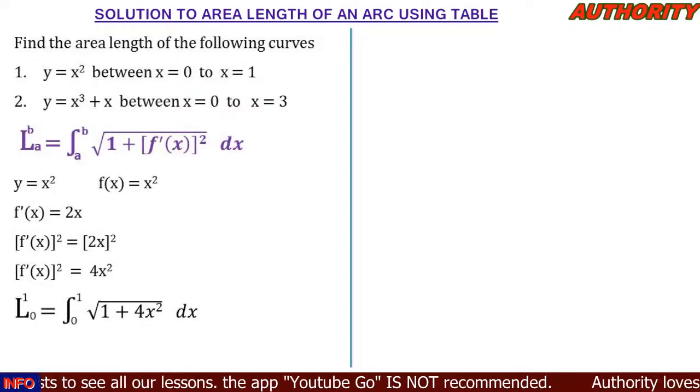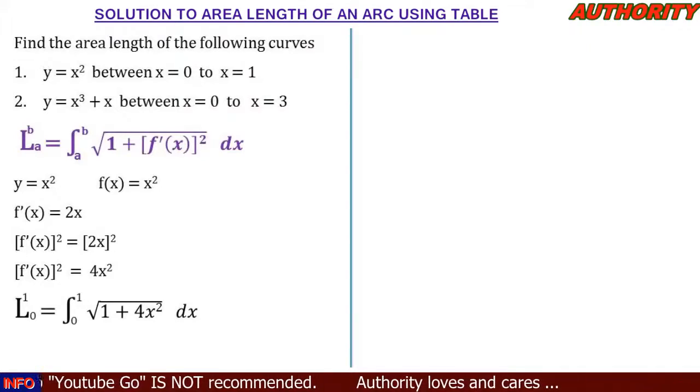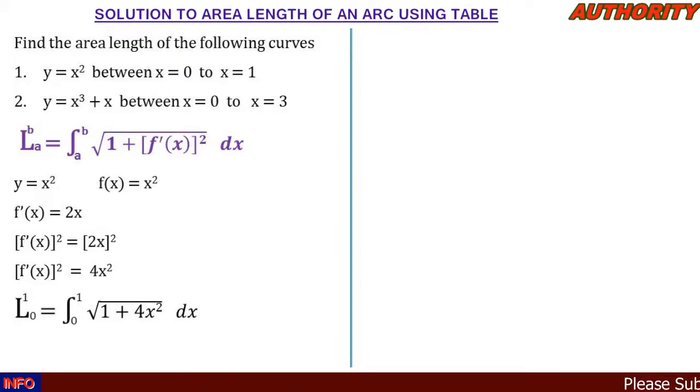Now, when you look at this very well, we have integral from 0 to 1, square root of 1 plus 4x squared dx. If you try to use a simple substitution, it will not be possible to solve this. So when we get to this level, we have two possible solutions. Number 1 is to use a scientific calculator to solve this directly, or to use table.